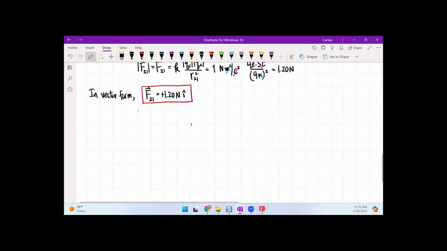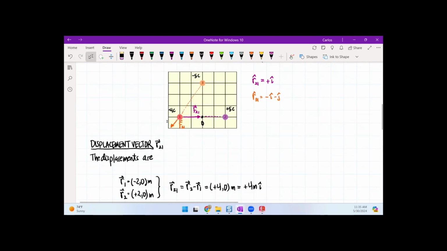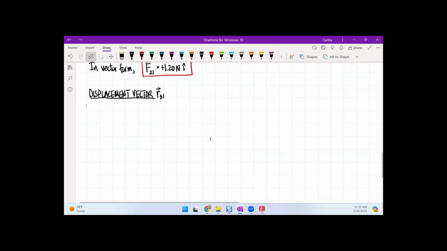Now let's look at displacement vector r31. What we said before is that we need that vector to be in the third quadrant.